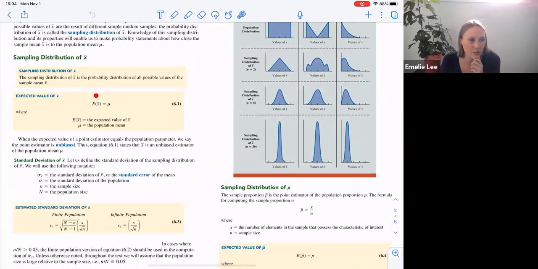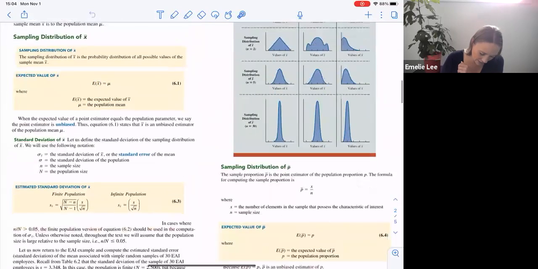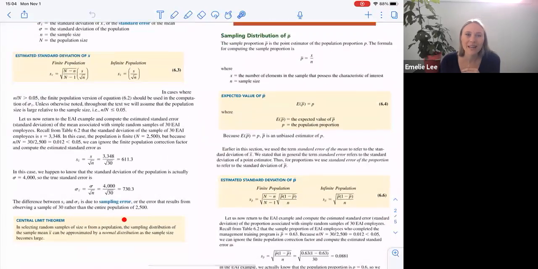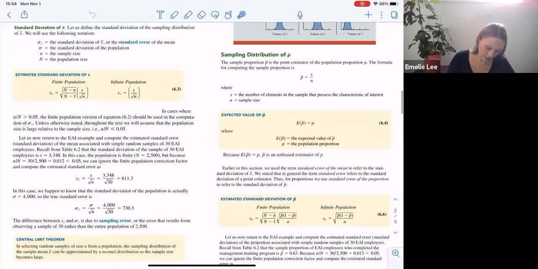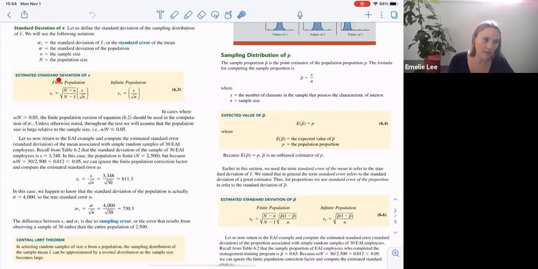Because of the central limit theorem, if we have a large enough sample size, let's say more than 30 as a guide, then we can assume that X bar follows a normal distribution. We also said we can find the estimated standard deviation of X bar using S over root n, where S is the sample standard deviation. We're going to talk more about that. That presents a little bit of trouble, but nothing we can't handle later on.